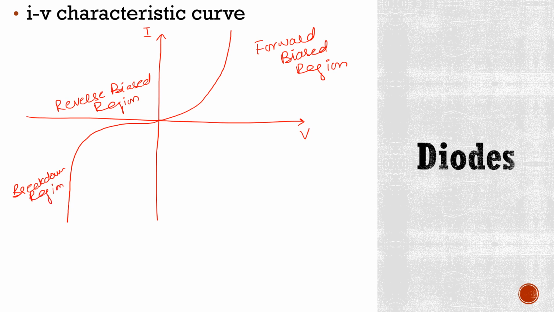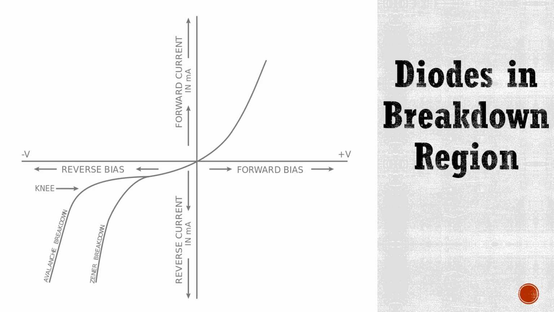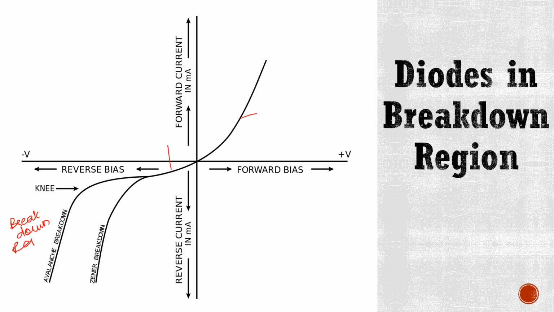This axis is negative V and this is negative I. Now we will talk about the breakdown region of diodes. We know that this is the current voltage characteristic curve of diodes, where this is the forward bias region, this is the reverse bias region, and this is the breakdown region.